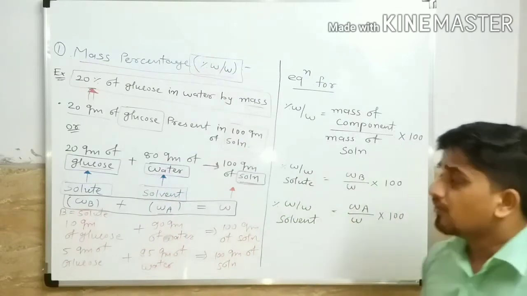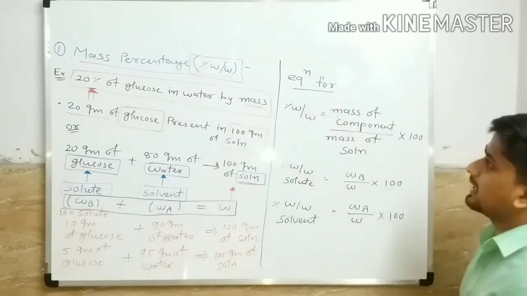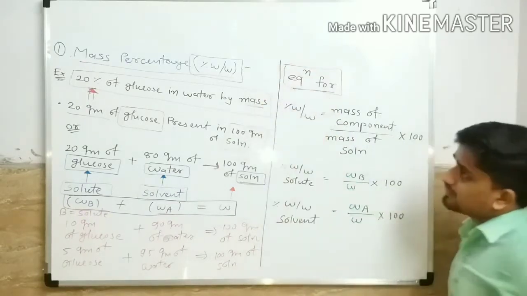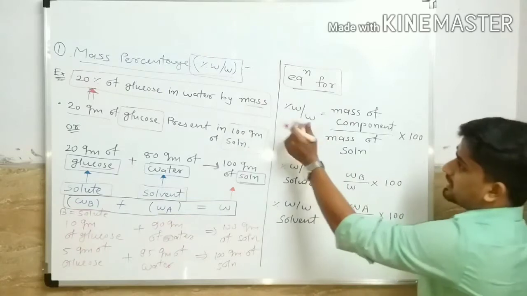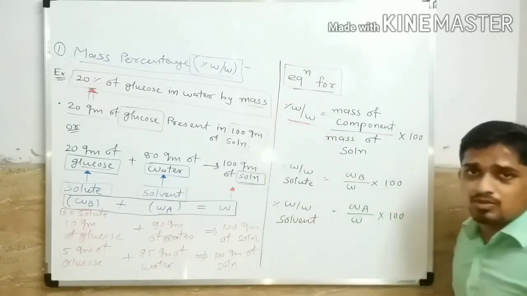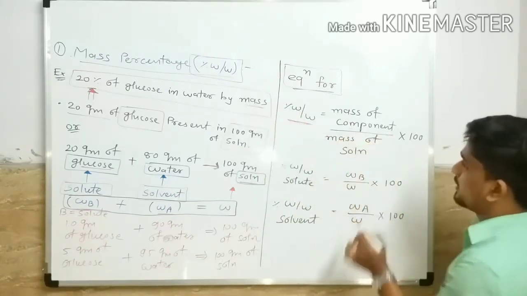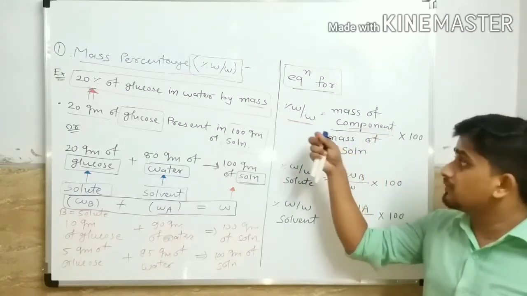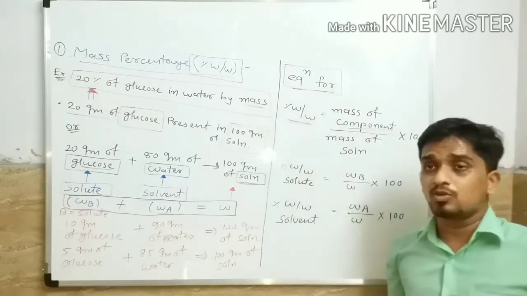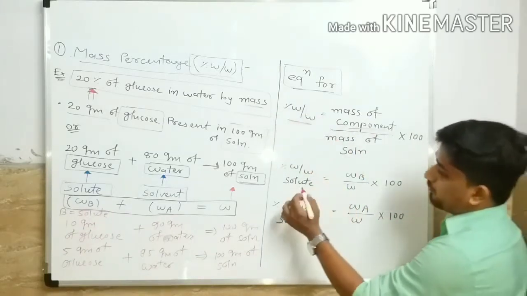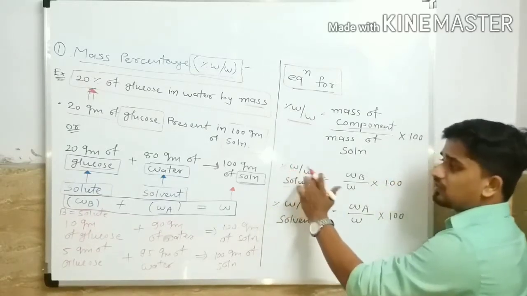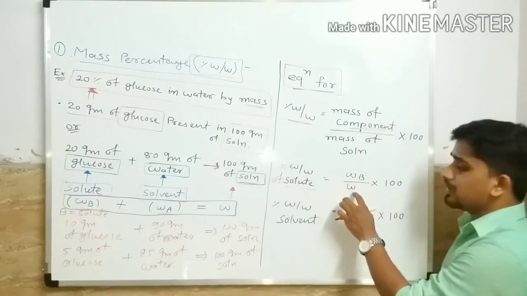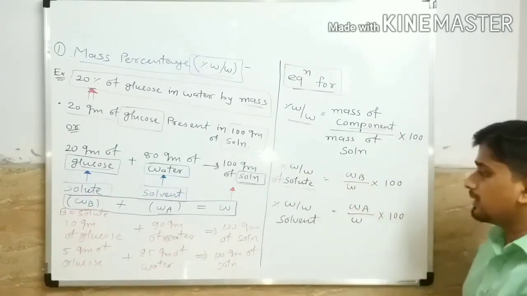From this discussion we get the equation for mass percentage. The equation is percentage W by W is equal to mass of a component upon mass of a solution into 100. Here the component is whichever component whose mass percentage W by W we have to find. If we have to find the percentage W by W of a solute, then the equation will be WB by W into 100.